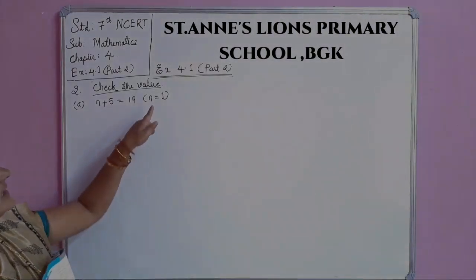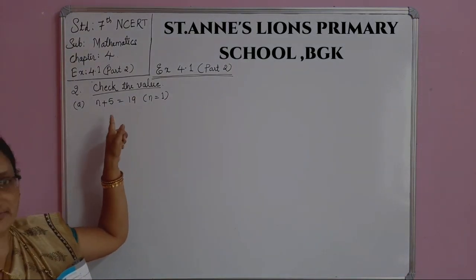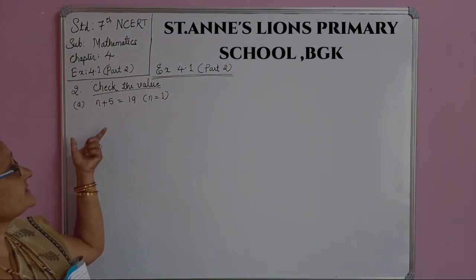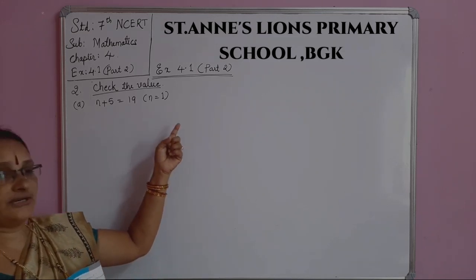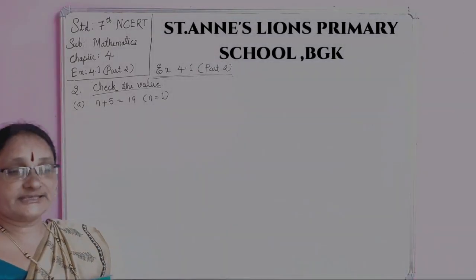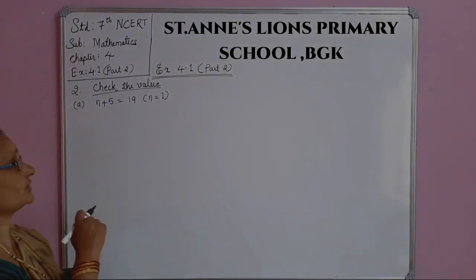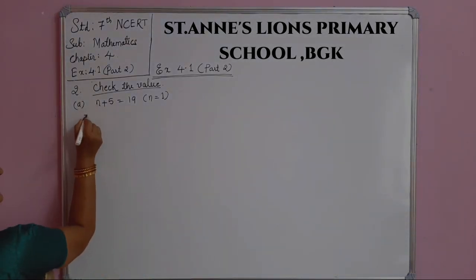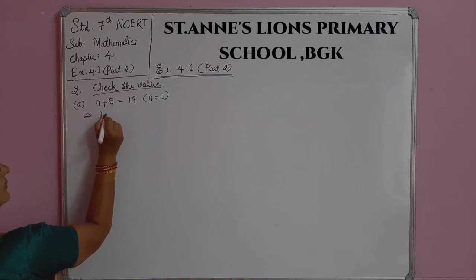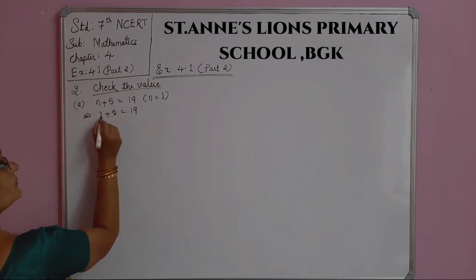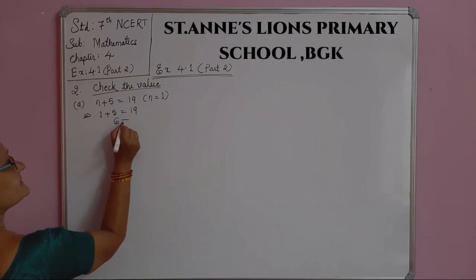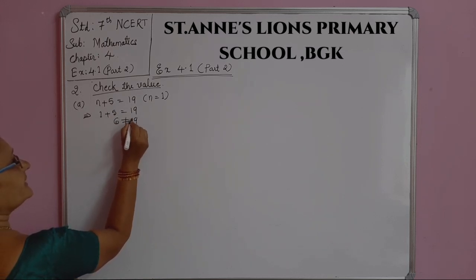If it is a solution for the given equation, LHS must be equal to RHS. Then n equal to 1 would be a solution. We will see whether it is. In place of n, we put 1: 1 plus 5 is equal to 19. 1 plus 5 is 6, which is not equal to 19.